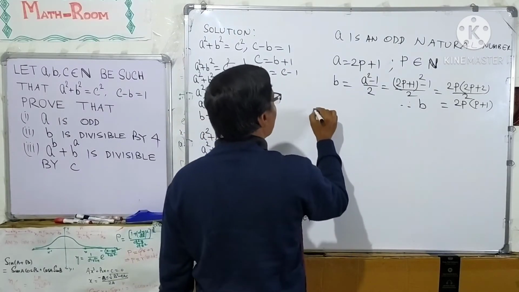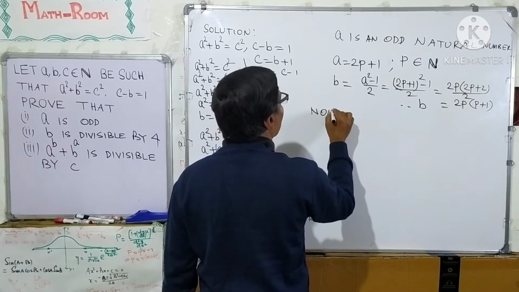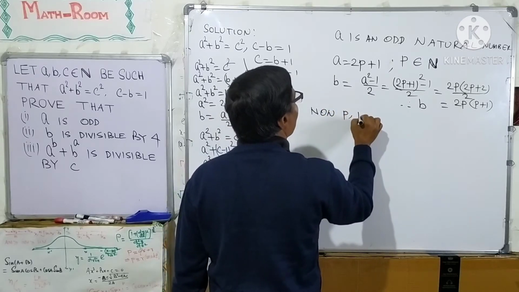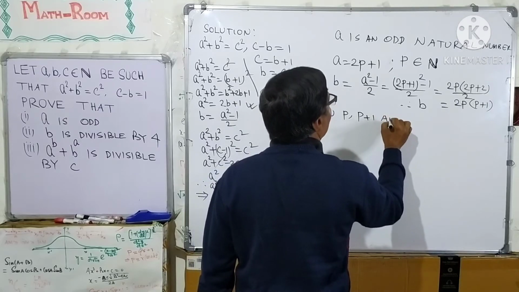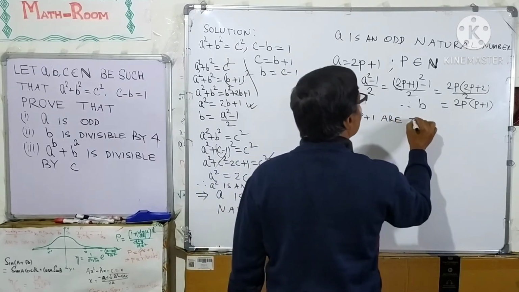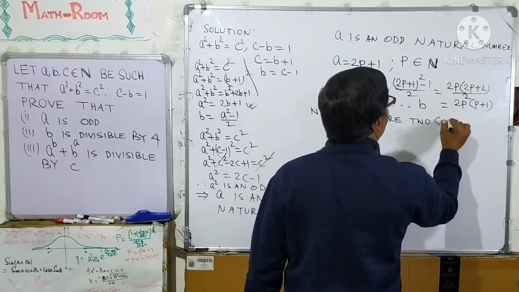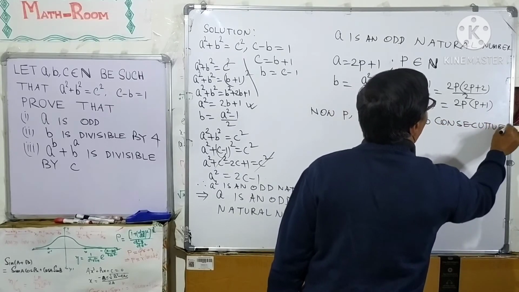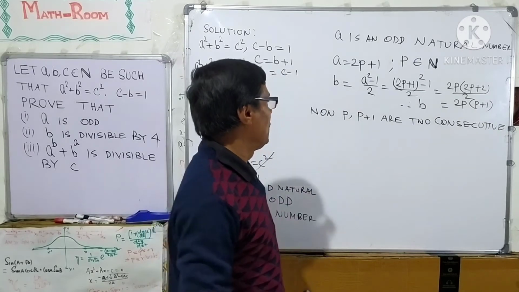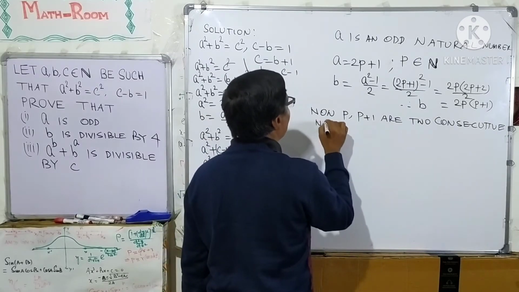Now p and p plus 1 are two consecutive natural numbers.